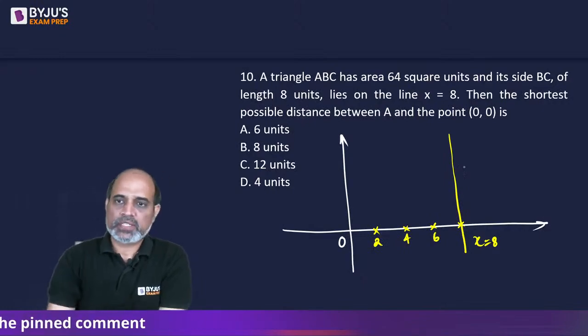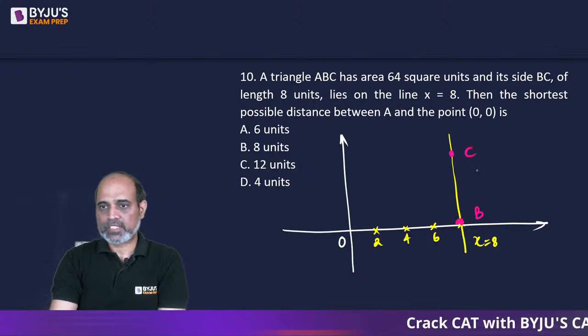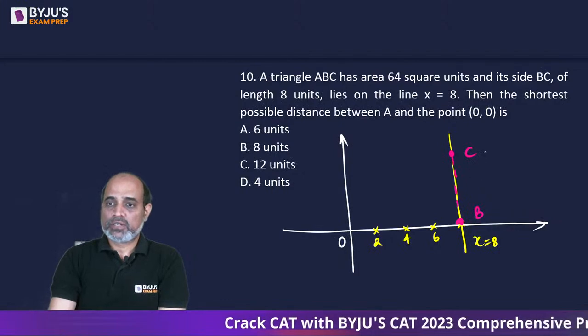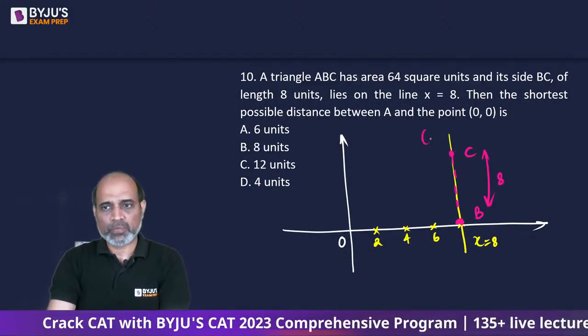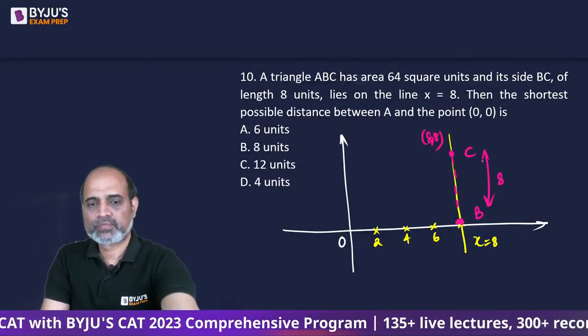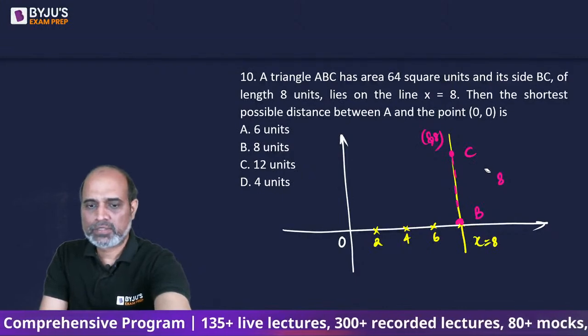Also it is given that BC is of length 8. So let's say this is B and this one is C. It lies on this particular line. If this is of length 8, we know that this point is going to be 8, 8, right? X is 8 and that is also at 8. Okay.